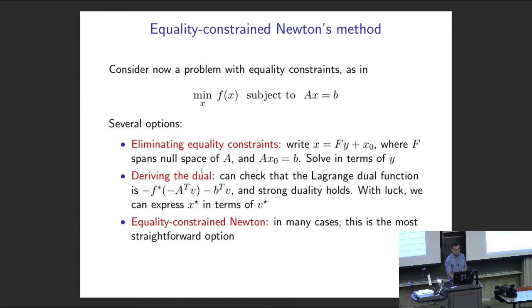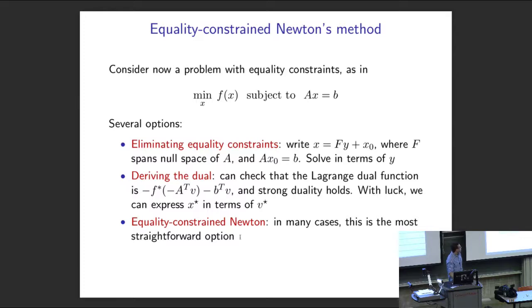The dual is to maximize this. And if we could compute the conjugate of f, then we could probably use Newton's method on the dual. And with some luck, we could express the primal solution in terms of the dual solution. So that is always an option, to go to duality. And we'll see more when we talk about a method called dual decomposition in maybe several lectures.